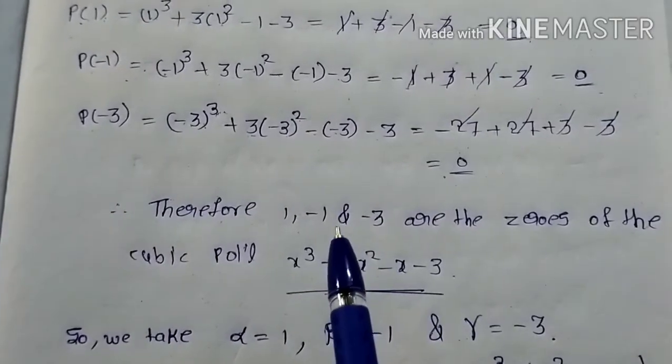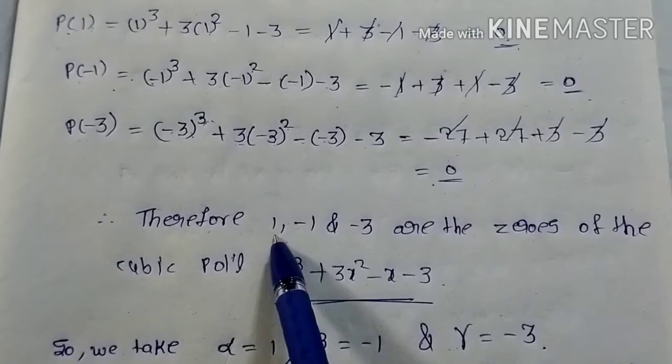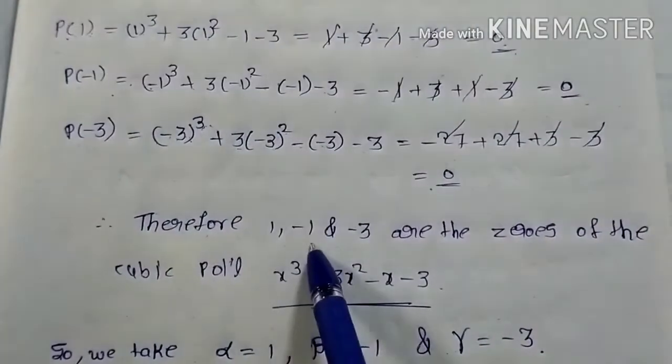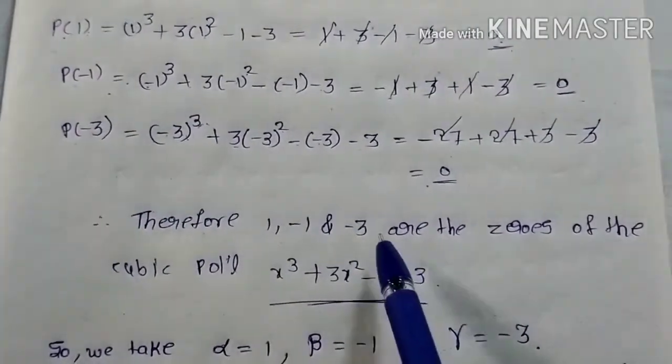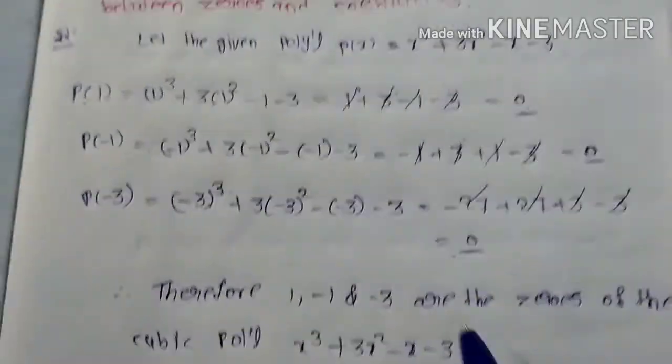Now we can take alpha is equal to 1, beta is equal to minus 1, gamma is equal to minus 3, so that you can compare in the question what they are asking.